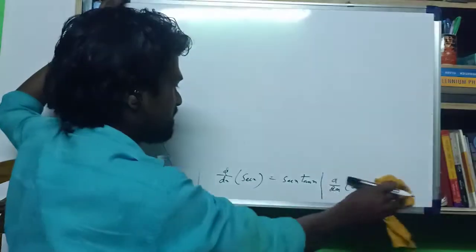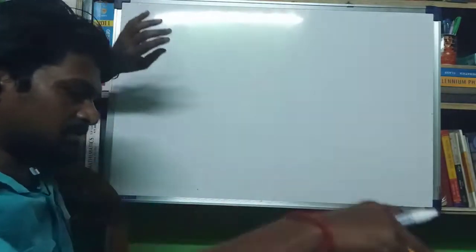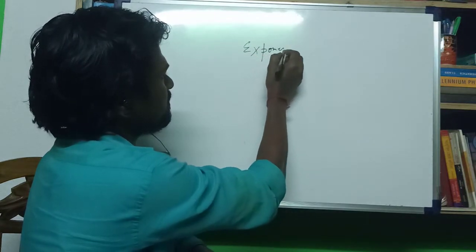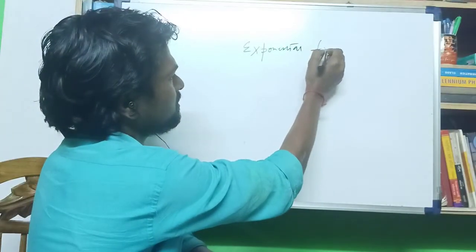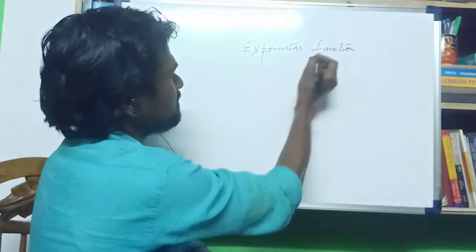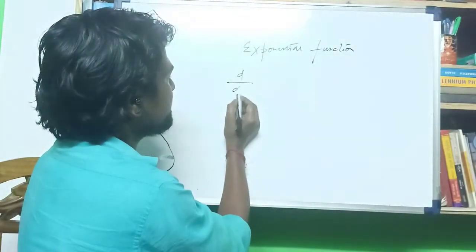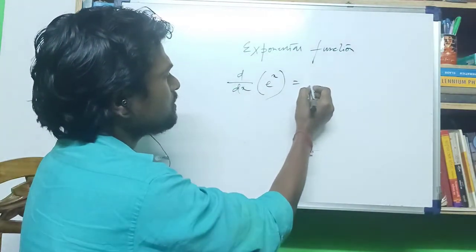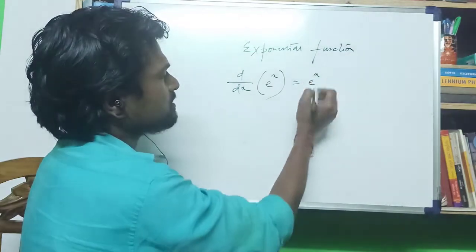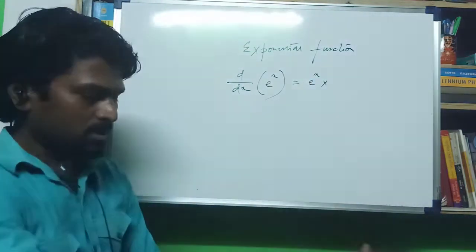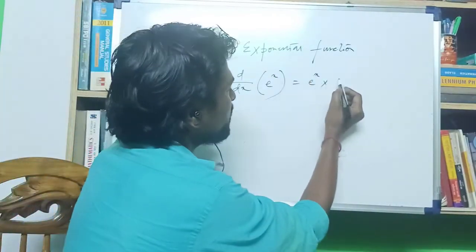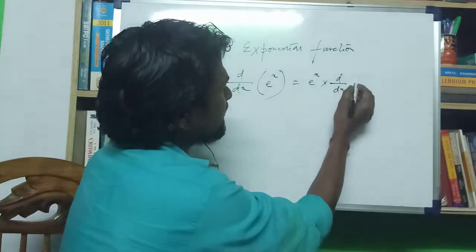Among the 5 functions I completed 3, and there are 2 functions left, that is the exponential function and the logarithmic function. For the exponential function, the formula is d/dx of e to the power of x equal to e to the power of x, and you have to differentiate the exponent of e.